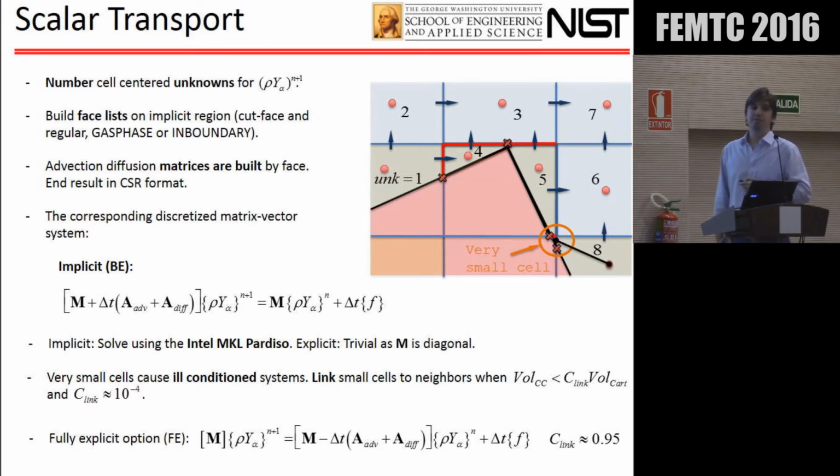Finite volume methods lend themselves well, or you can be efficient by building either right-hand sides or discretization matrices by faces. So you can build face lists, which are basically the faces that separate the cells, and then use those in order to compute what the fluxes would be and what the coefficients of these matrices would be for your solution.